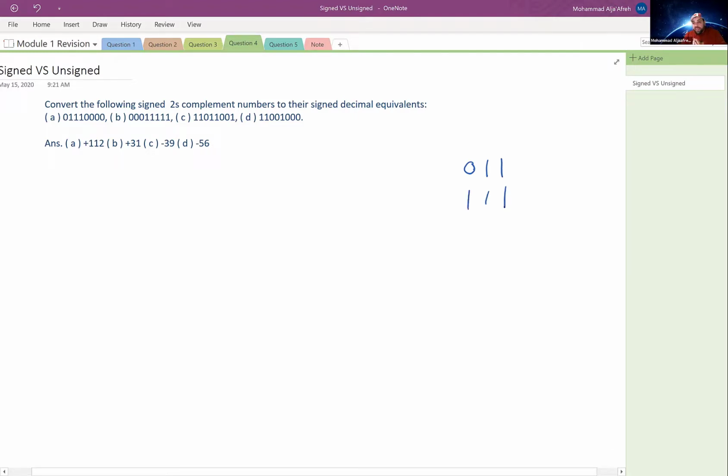Using the unsigned notation, we know for sure that this is 3 represented in a 3-bit representation, and this is 7. Okay, but using the signed representation, it's a different story. This is still plus 3, while this one is minus 7.